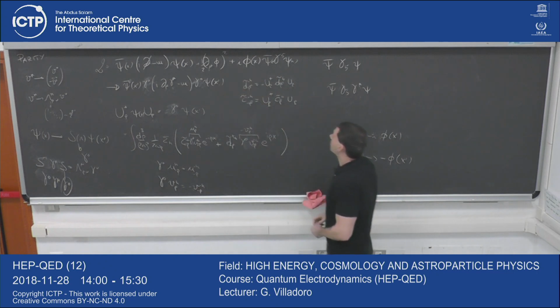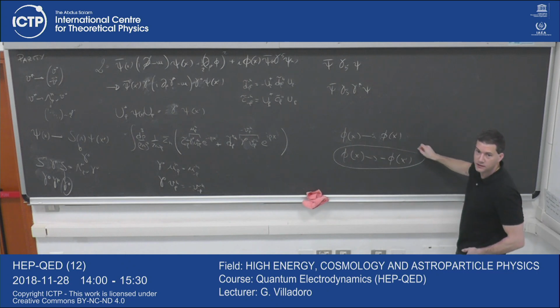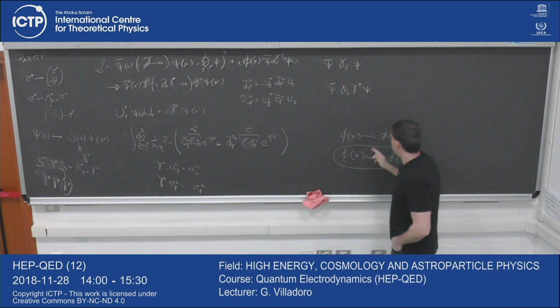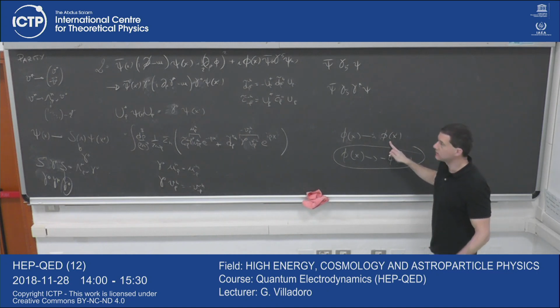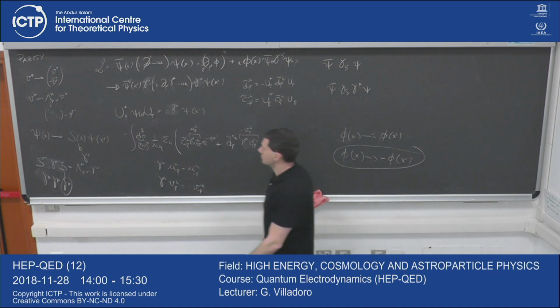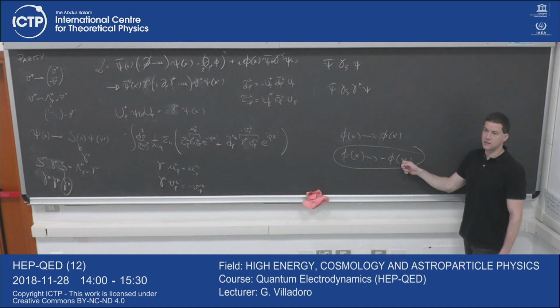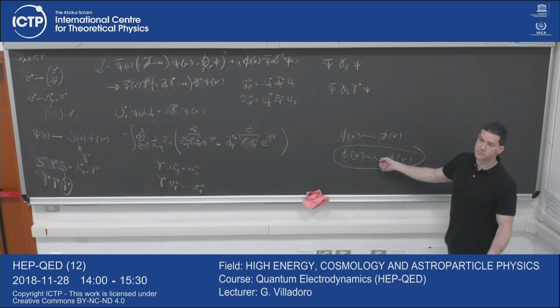So now, only if I define parity in this way, this term will be invariant. If I define it this way, it's not a symmetry. So the only parity that you get is the transformation that transforms the fermions in this way and the scalar in this way. So there is still a parity transformation, but it's implemented in this way. When this is the case, this scalar is called a pseudoscalar because it's parity odd.